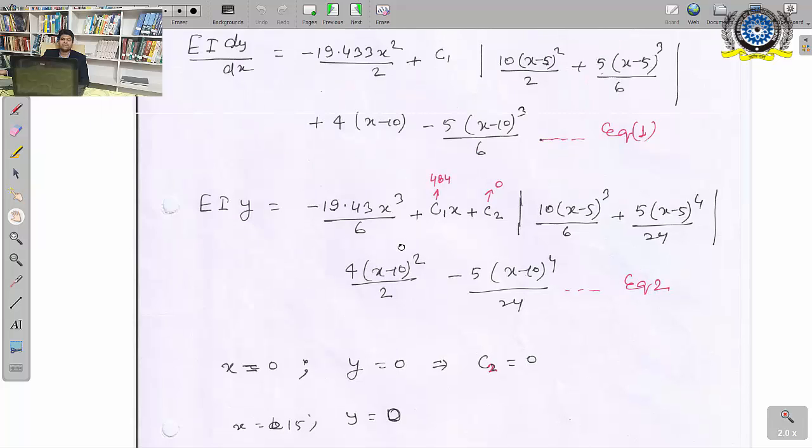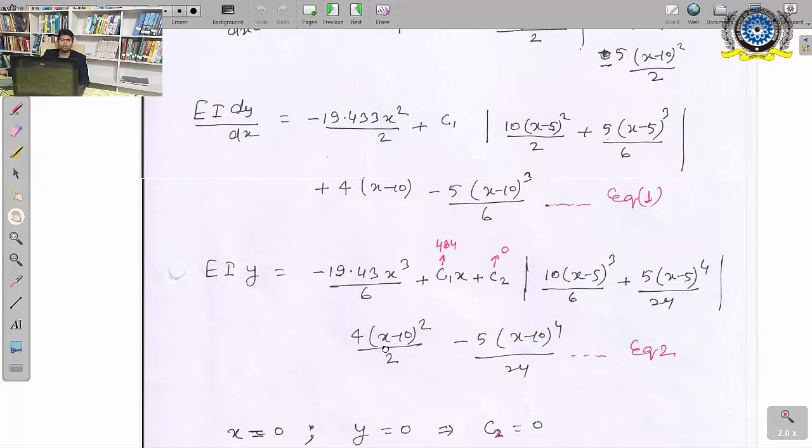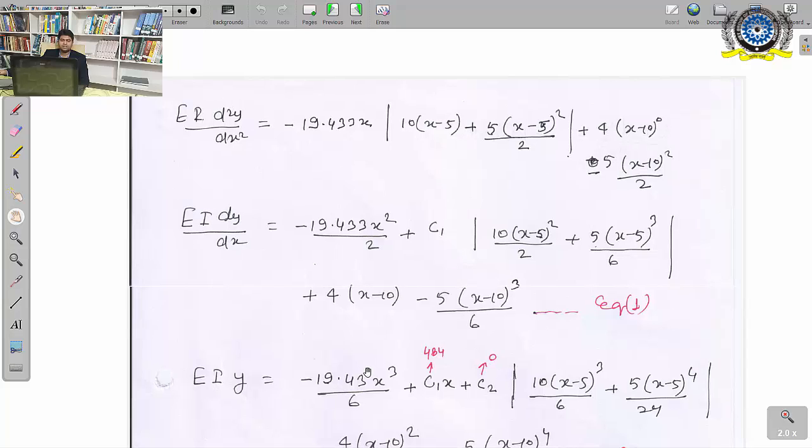What is the next step? Simply integration. This is our equation, EI d2y by dx square equals minus of M(x), the equation we have just written. The minus sign has been taken inside and the signs have been changed.